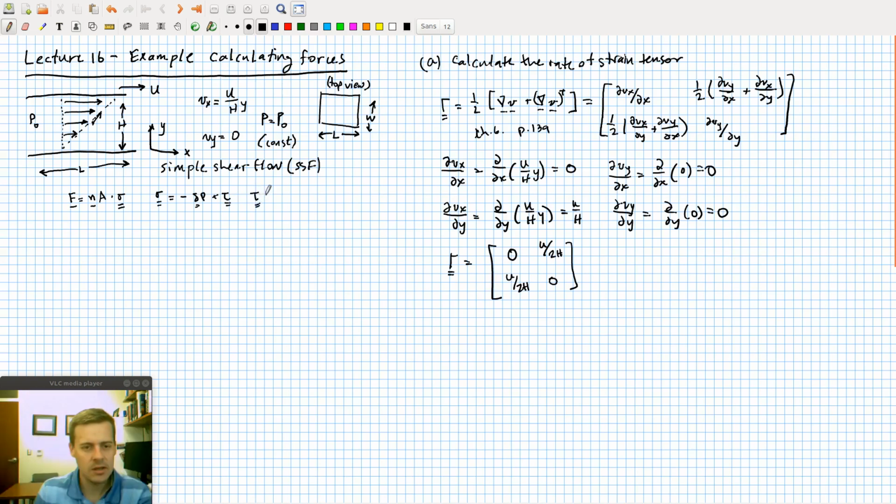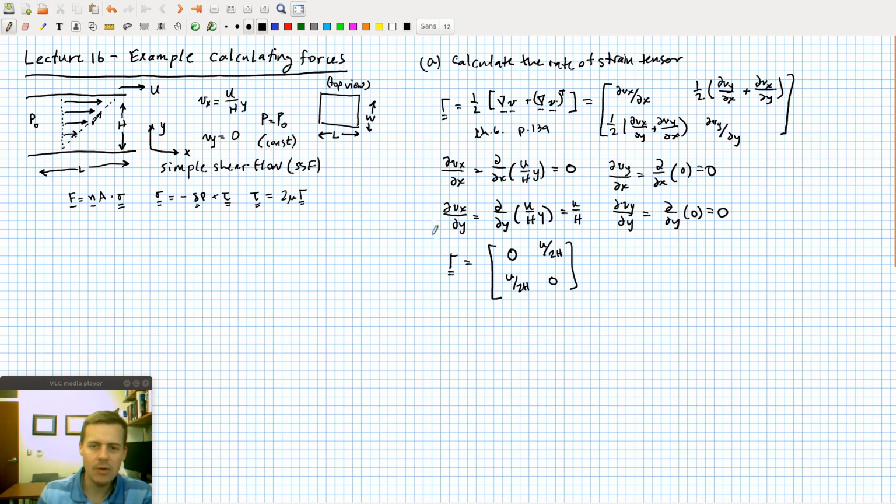And I know that tau equals 2 mu gamma, where gamma is the rate of strain tensor. So in order to calculate the force, I first evaluate gamma, then I can evaluate tau, then sigma, and then F. That's how I'm going to calculate the total force.